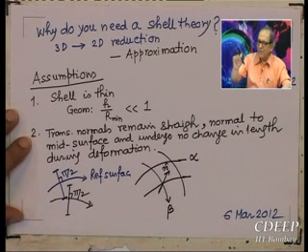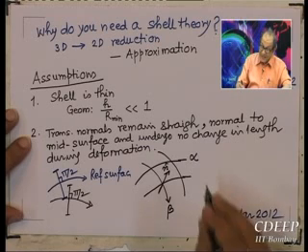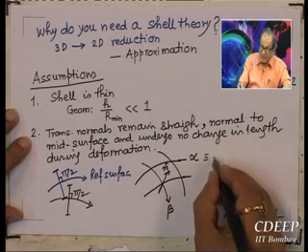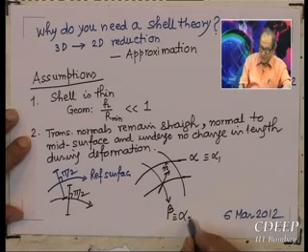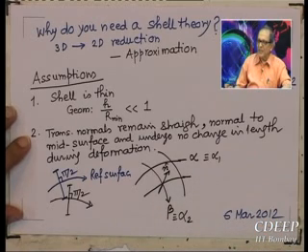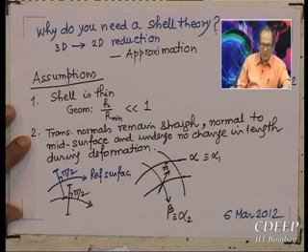Writing 1 and 2 is much easier. That is how in many books x, y, z is written as x1, x2, x3. Alpha, beta will be written as alpha 1 and alpha 2, so that you can use the subscripts 1 and 2. So we will be using alpha 1, alpha 2 in future.